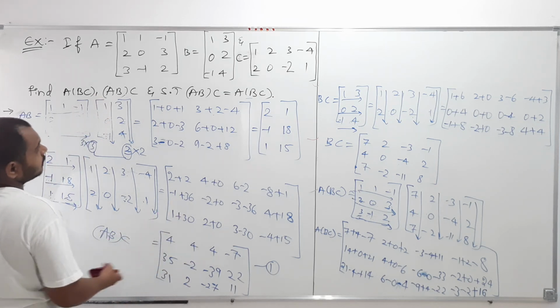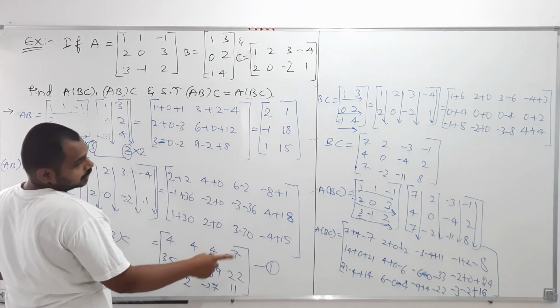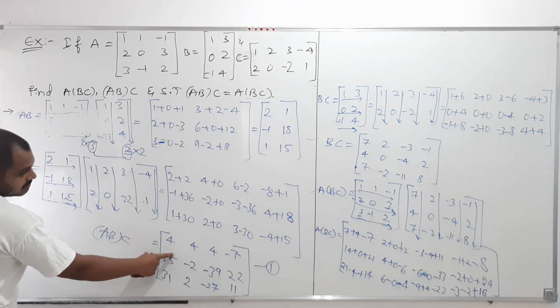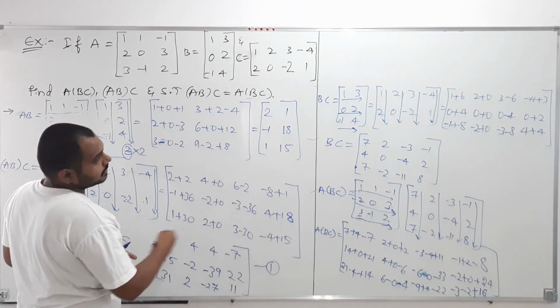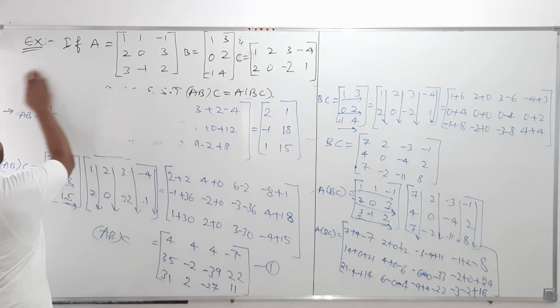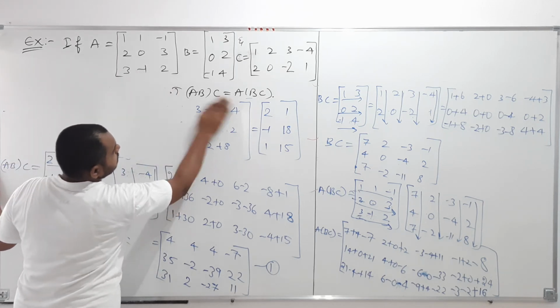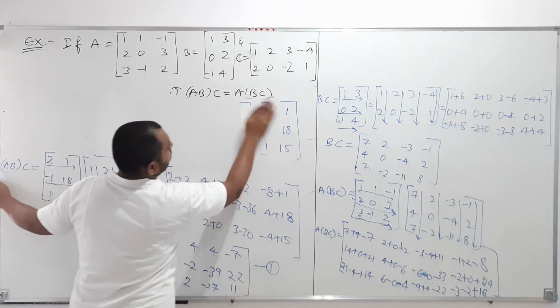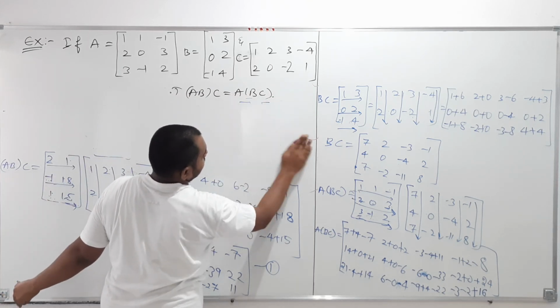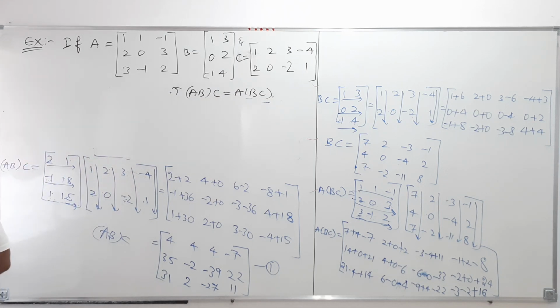So now further simplify this. They also told us to show that AB into C value is equal to A into BC value. AB into C value is this much, and now I'll simplify A into BC value. So I'll erase this and further simplify it here.